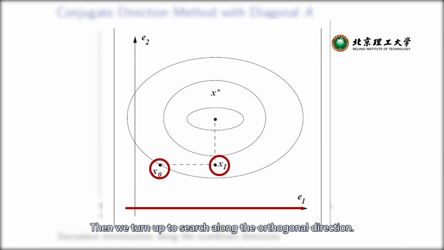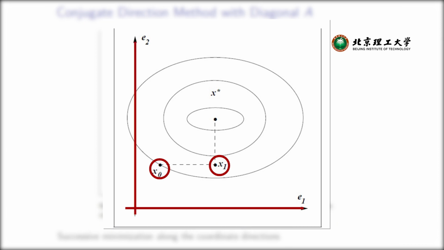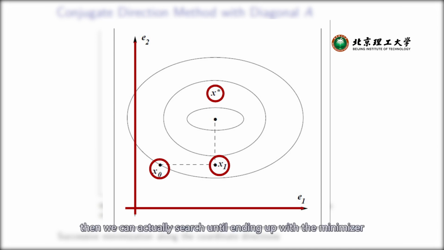Then we search along the orthogonal direction, using the exact step length, and jump directly to the minimizer. In other words, for n equals 2 with a diagonal matrix, we can reach the minimizer in 2 steps.